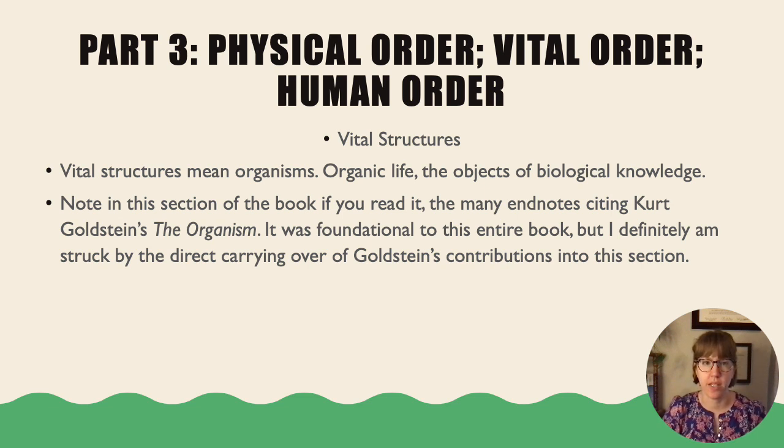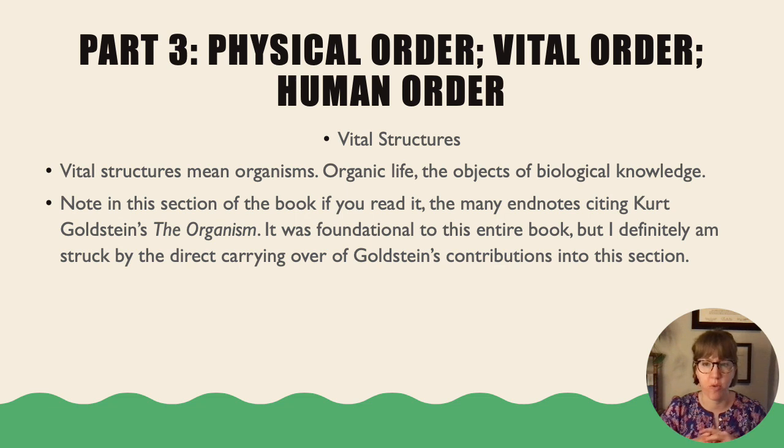But I would note that so much of the section comes from Kurt Goldstein, and you can see in the endnotes of the book the references to him. I was going to say in a later slide that as we talk more about the human order, we do finally start to see Merleau-Ponty taking off and emerging into his own ideas, or ideas influenced by other important thinkers.